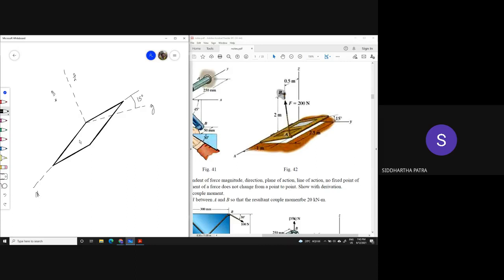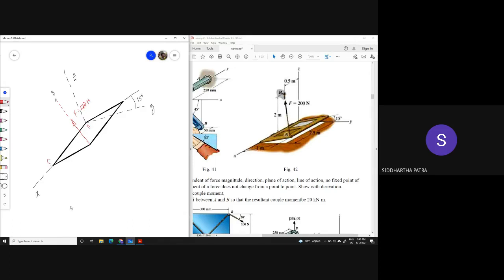This is point B. This is your 200 Newton force. This is the origin.